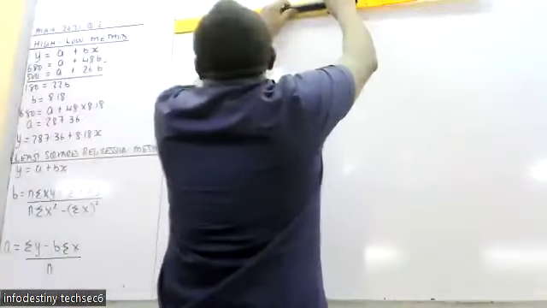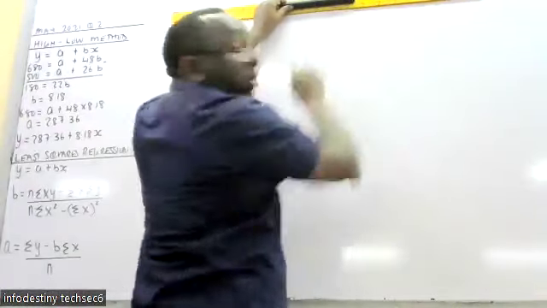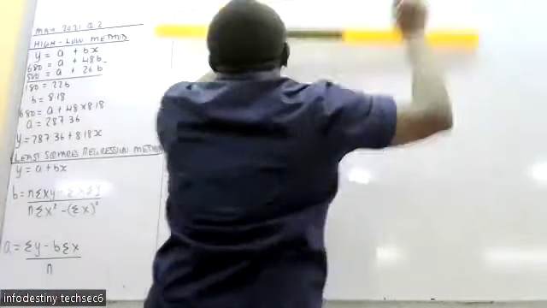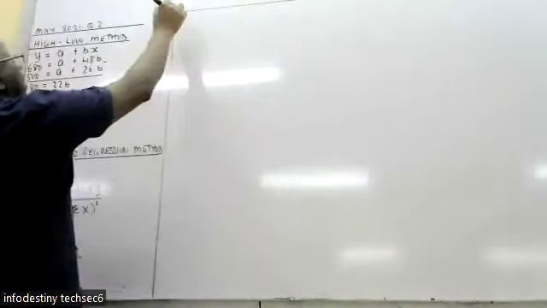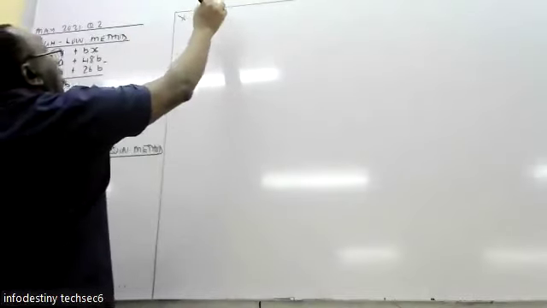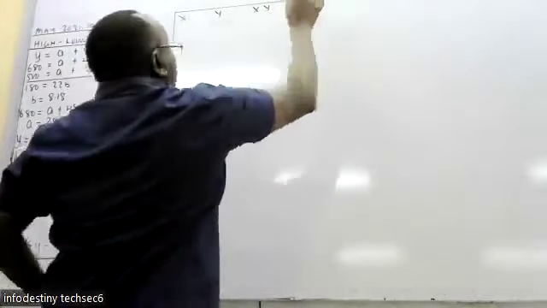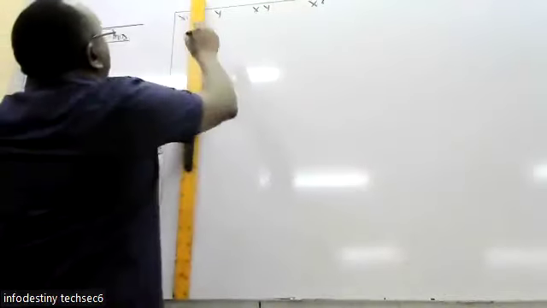So from there now, you have a column of X, a column of Y, a column of XY, and a column of X squared.